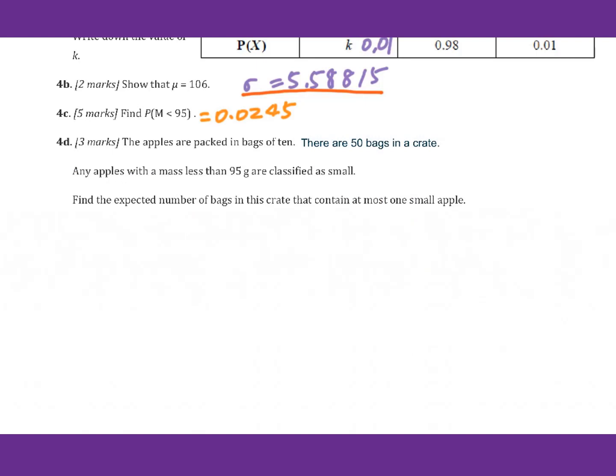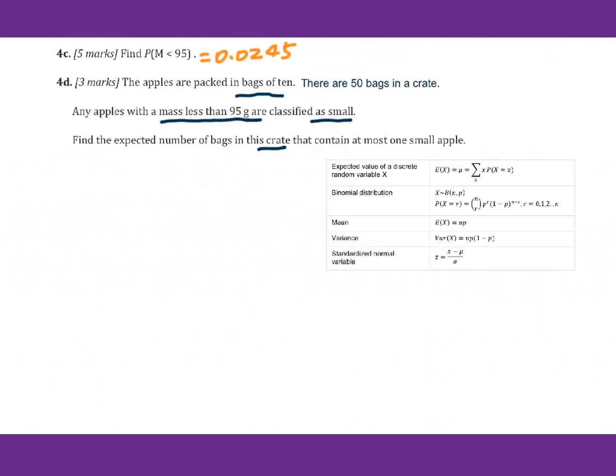The apples are packed in bags of 10. There are 50 bags in a crate. Any apples with a mass less than 95 grams are classified as small. Find the expected number of bags in this crate that contain at most one small apple. According to the formula, the expected value for a binomial distribution is n times p. So 50 times the probability.